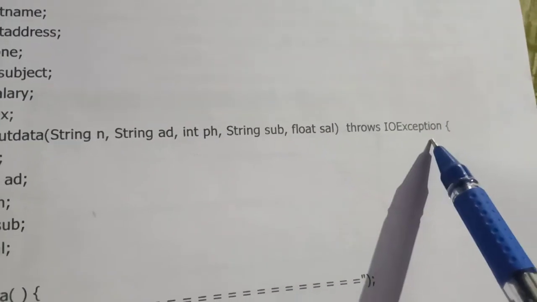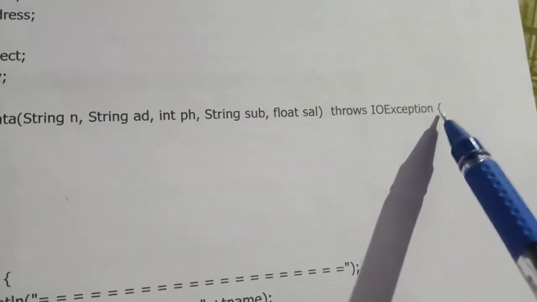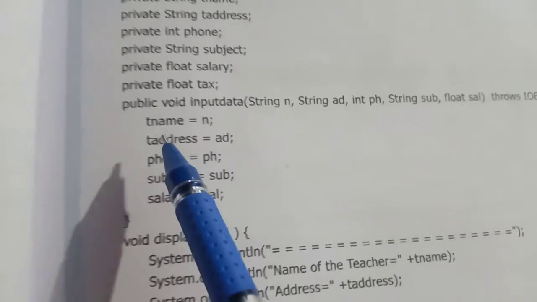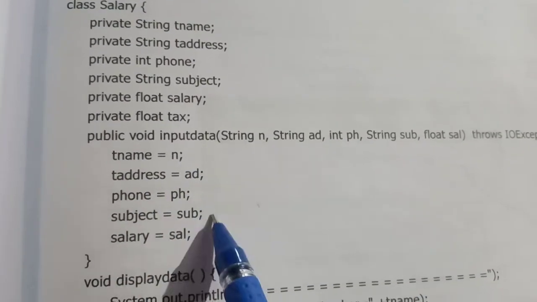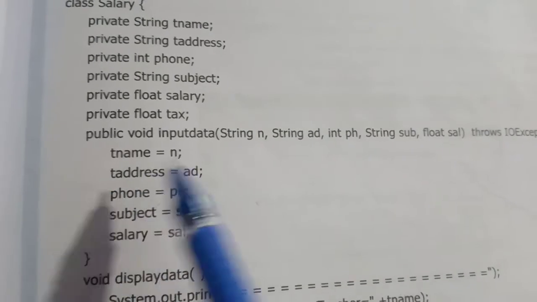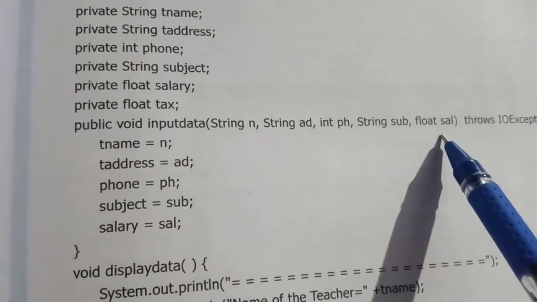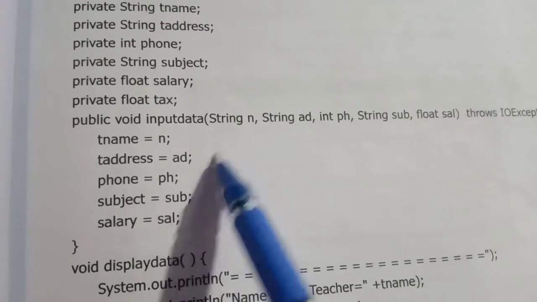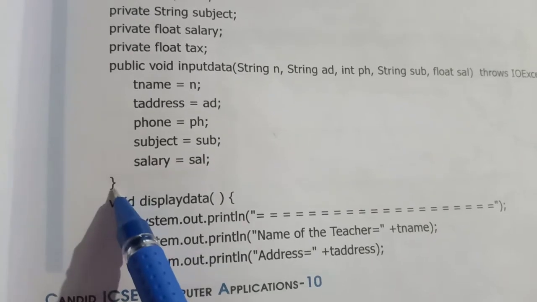This is optional, you can use it or you can leave it. Then we put the parenthesis here. Then we will assign the variables. This is variable assignment. tname to n, taddress to ad, phone to ph. As we have declared the variables here, that's why we are assigning them. Now we need to end the method here.